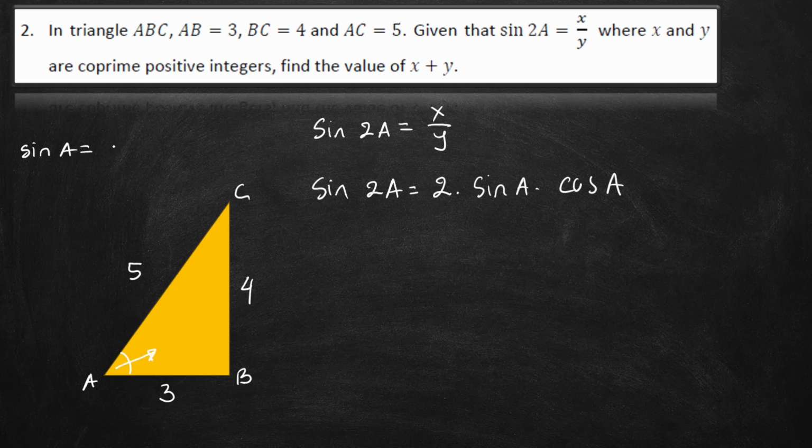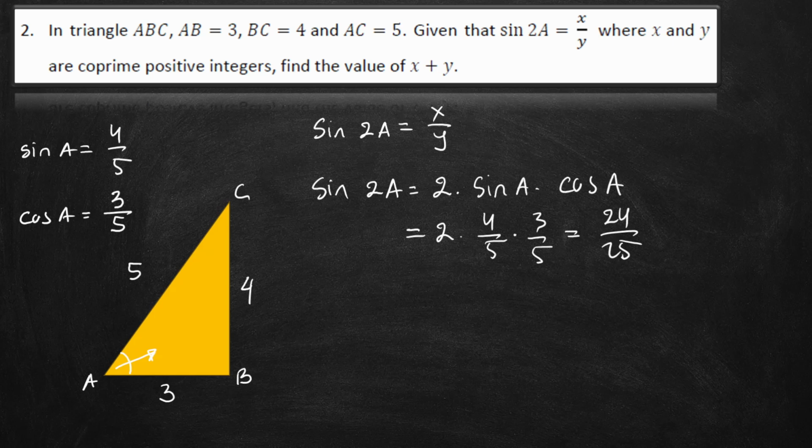So sin A will be 4 over 5. And then the cosine A will be 3 over 5. So with that, we can calculate this one. So this one will become 2 times 4 over 5 times 3 over 5. So here we will get 24 over 25.